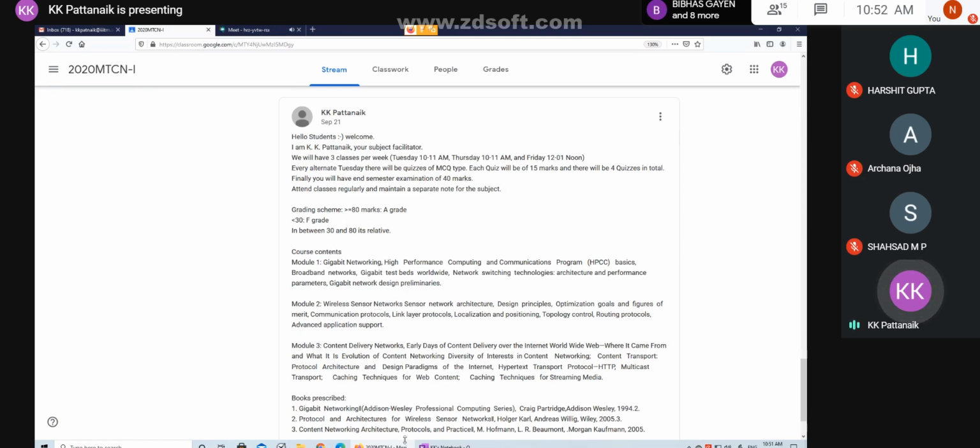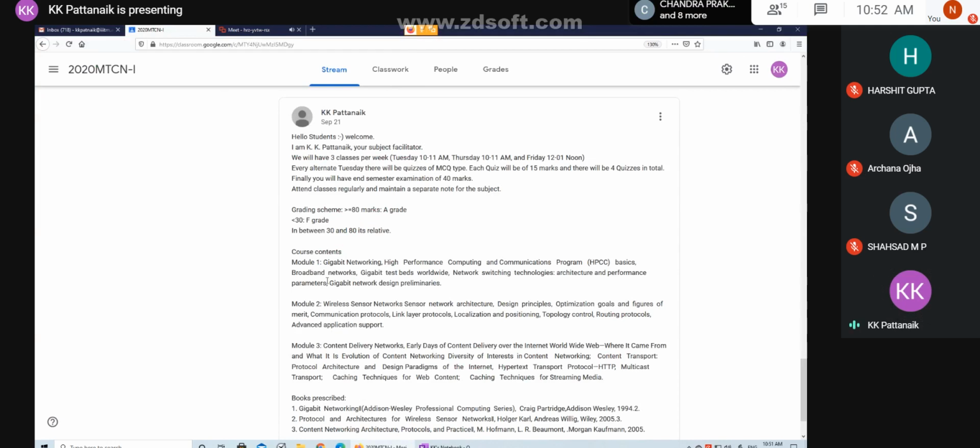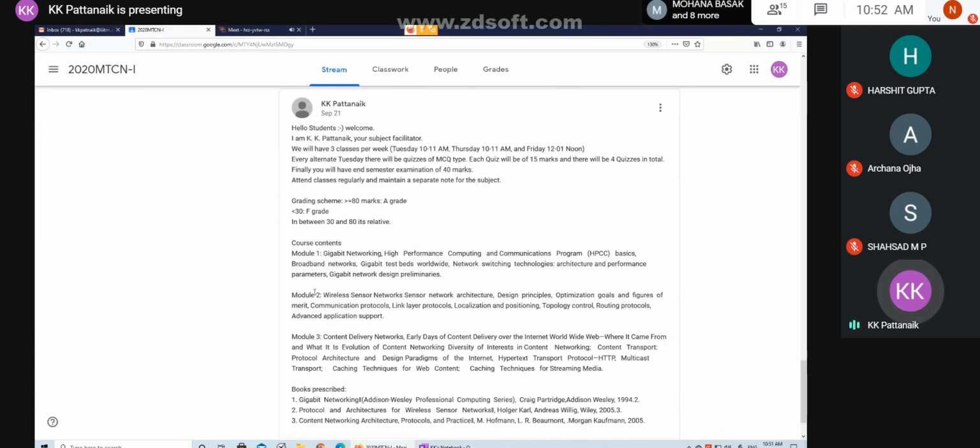So you go through the reading material that I have given. Since I cannot share the book because of copyright issues, I am trying to collect the relevant documents and sharing them with you. Any other questions? If there are no questions, then we will close this class.